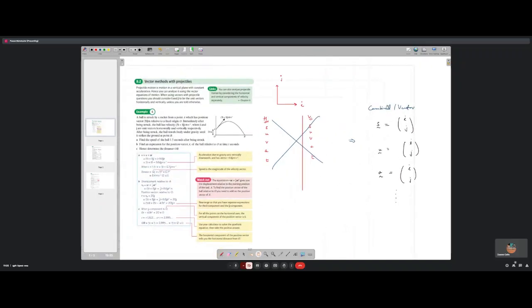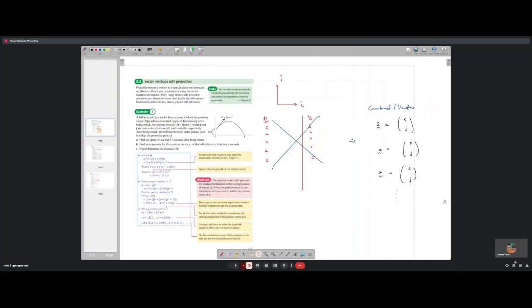I don't think this is a good way of teaching projectiles, because you have to grapple with vector notation, and some people are not comfortable doing that. And also, I think it can be a bit overwhelming teaching projectiles this way.